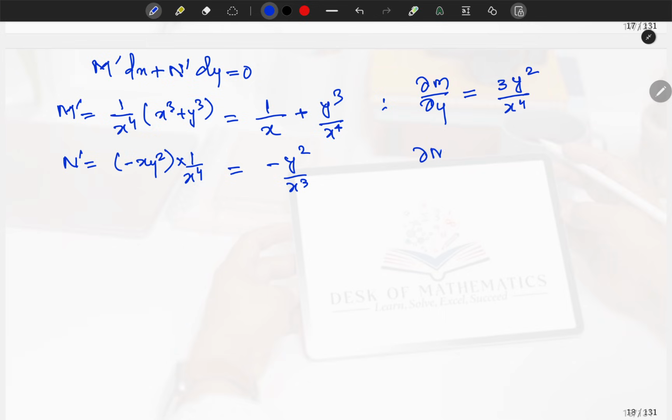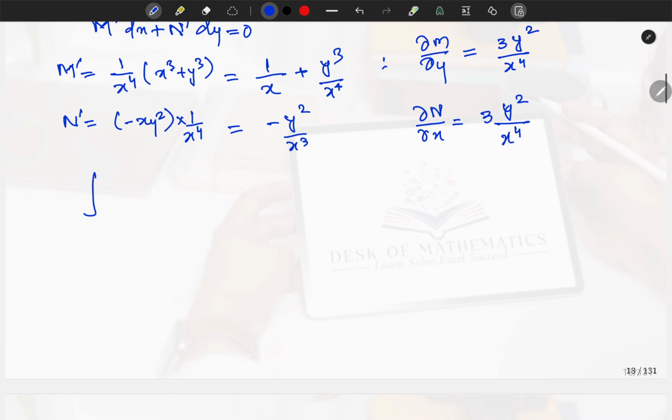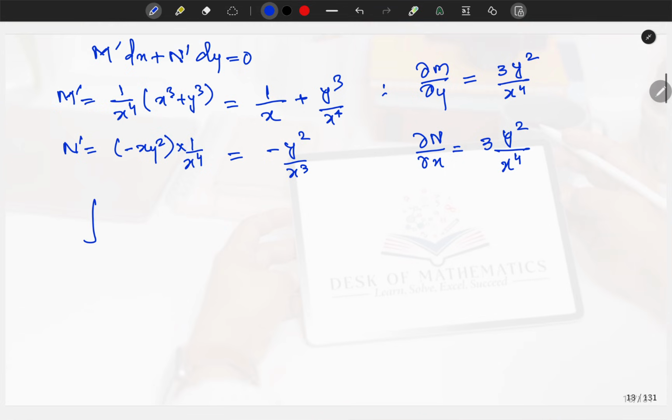And if you check dou N dash by dou x, here it will go minus 3, minus minus will become plus, so it will be 3 y squared as a constant over x to the power 4, so it will be equal. Now what is the solution? The solution will be integral of M dash dx plus integral of N dash dy is equal to c.